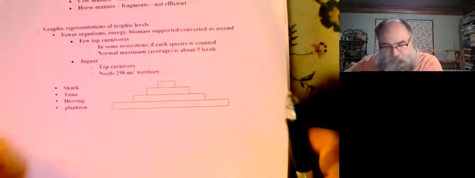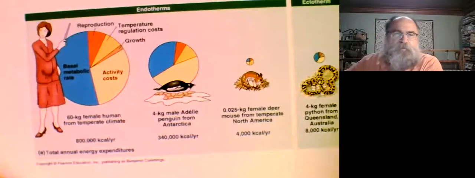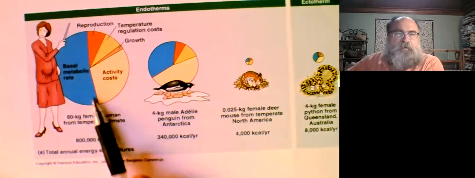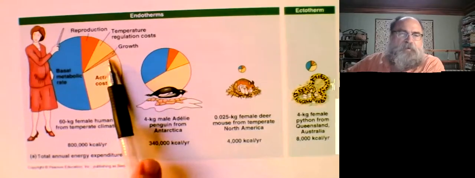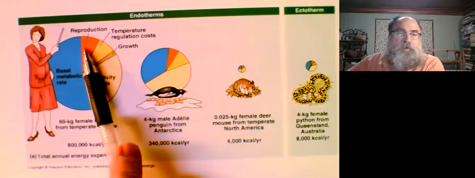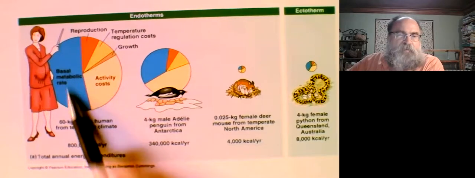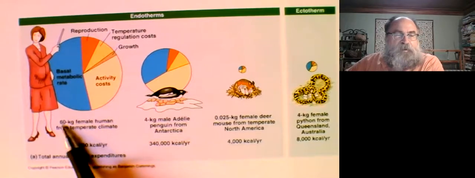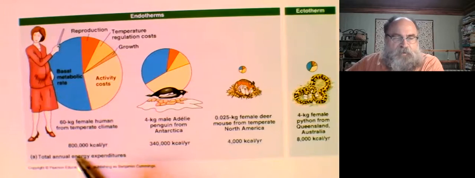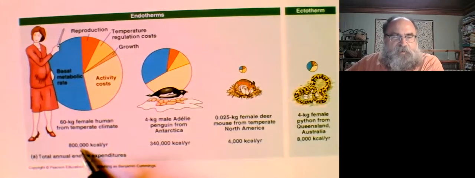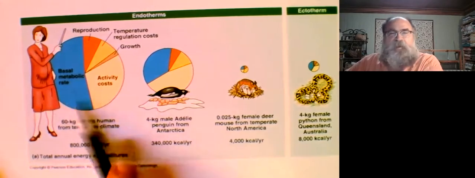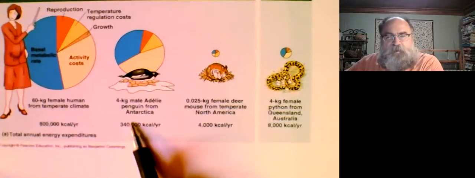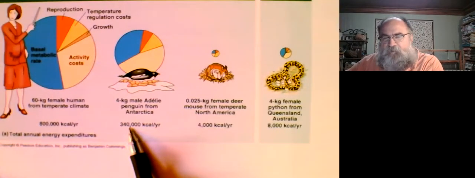They're happy. Before I leave here, let's take a look at a few other pictures just to show. Here's the endotherm, and activity cost, growth, temperature regulation, reproduction here, and basal metabolic rate for the 60 kilogram human female. 800,000 kilocalories per year to maintain this individual. Over here, here's a penguin, a whole lot less calories.